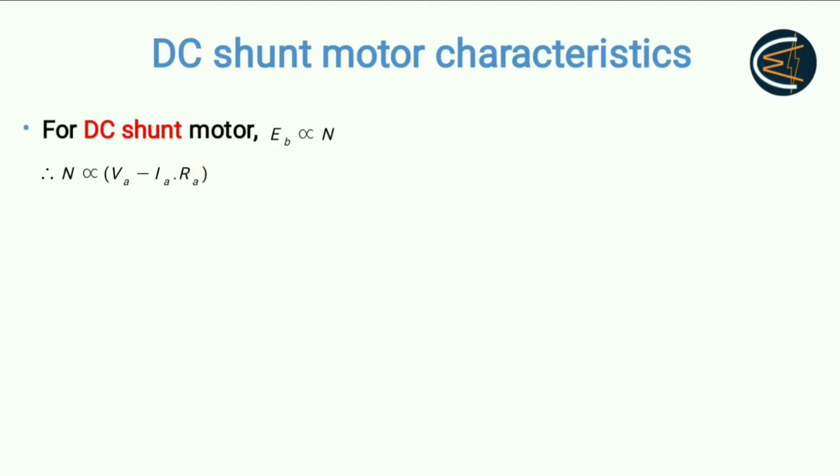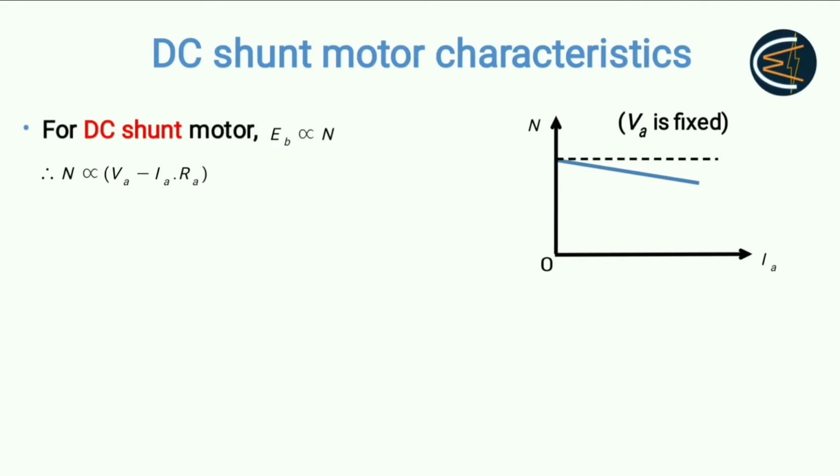As you can see, this is nothing but an equation of a straight line. That means if we plot the speed with armature current, we'll get this kind of response. So this blue line is showing the speed response with the armature current. And Va is fixed here.